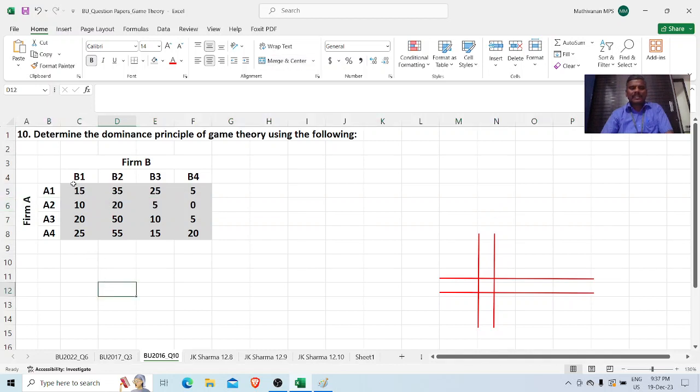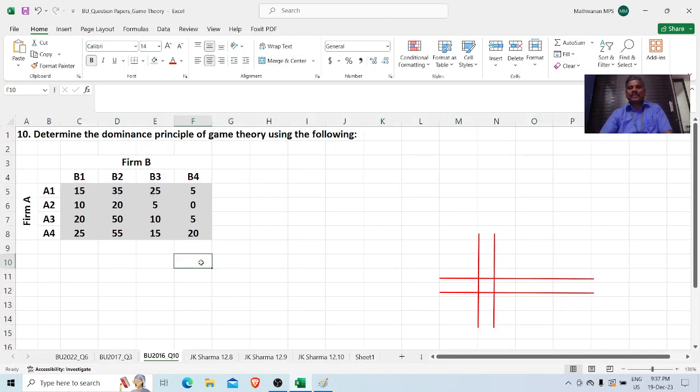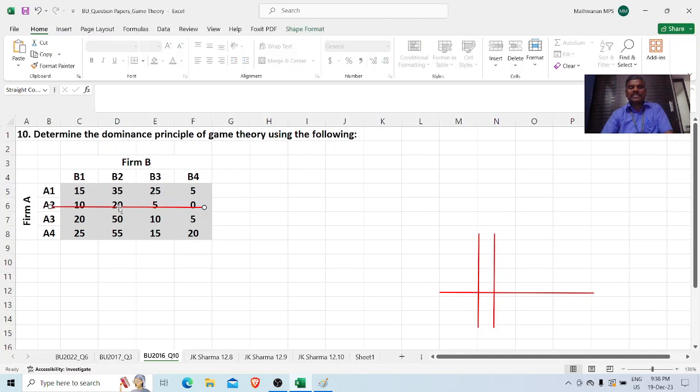We will compare 15 points, 10 points, 35 points, 20 points, 25, 5, 5, 0. In all the cases, whatever may be the strategies of B, strategy A1 gives better results for player A. That means strategy A1 dominates strategy A2. Therefore, we can strike off strategy A2.